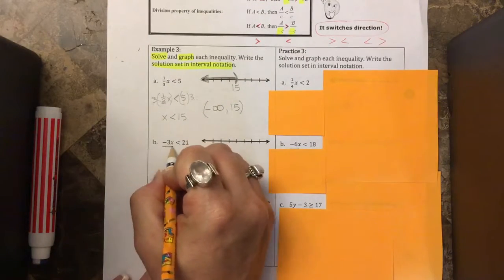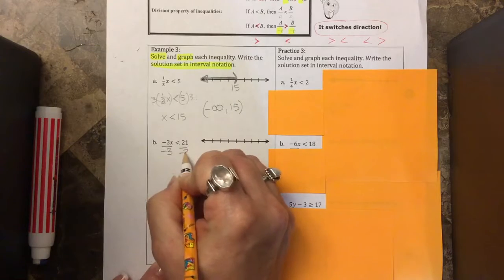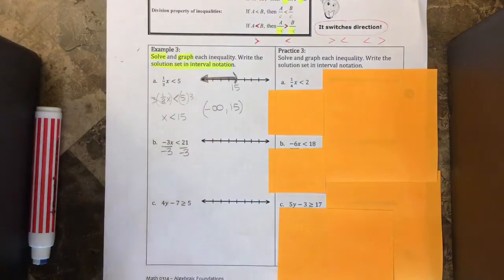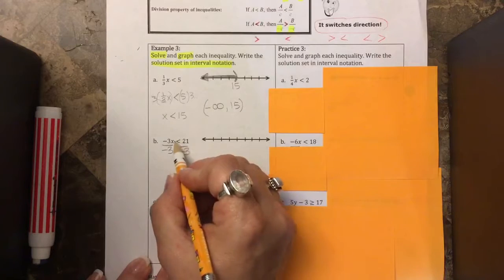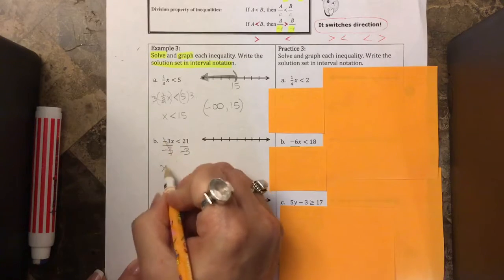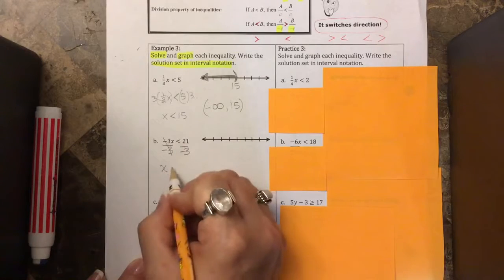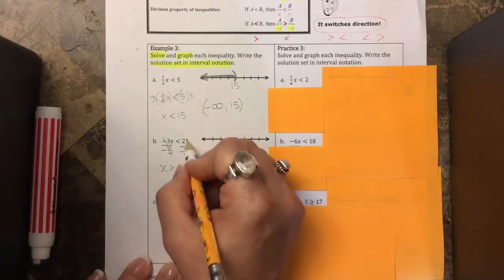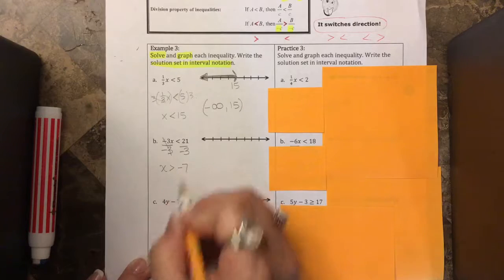Here we go. We're going to divide this side by -3 to isolate x. And whenever you divide or multiply by a -3, what did we just learn? We just learned that when you multiply or divide by a negative number, this sign switches. This becomes -3 divided by -3, which is still 1. But instead of less than, I have greater than. 21 divided by -3 is -7.